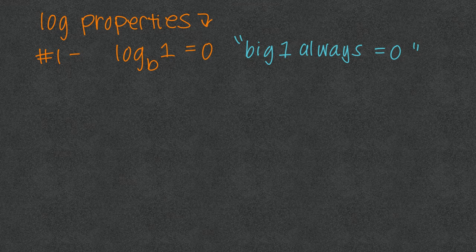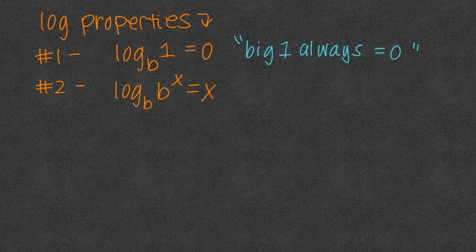The second property, which was technically two properties on the notes but I think can just be one, was log base B of B to the x power equals x. So if my base and my big number are the same, my exponent is my answer.